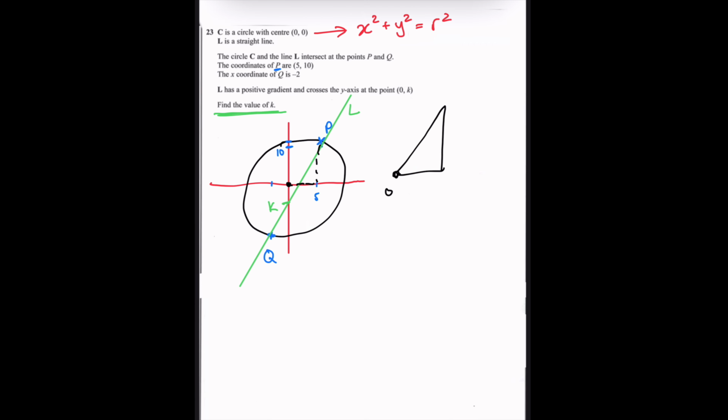Here's the origin, here's point P, we're going 5 across and 10 up. So we can find the radius here with Pythagoras. Okay. So 5 squared plus 10 squared, I'm going to call this the radius. 5 squared plus 10 squared equals r squared. So r squared is going to be 125.